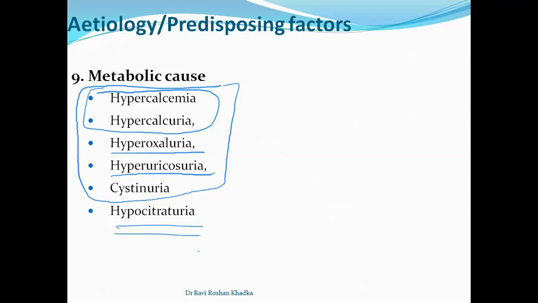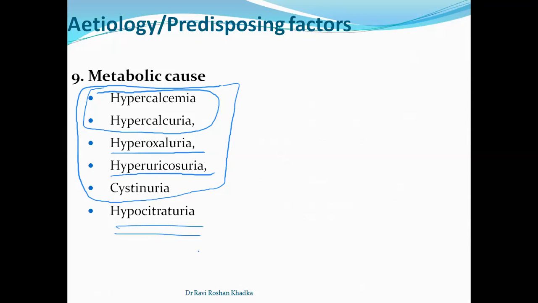So whenever there is a lack of citrate in urine, that may lead to stone formation. Mainly oxalate, phosphate, and urate stones are more commonly found in hypocitraturia. This knowledge of a metabolic cause can be utilized later during our prevention part. I'll revise this again later in the prevention part, on how to use this knowledge.